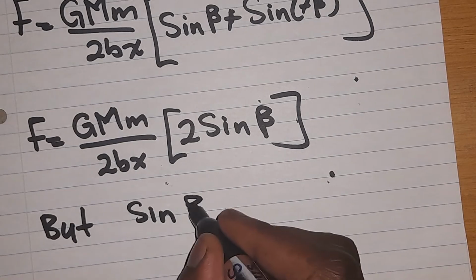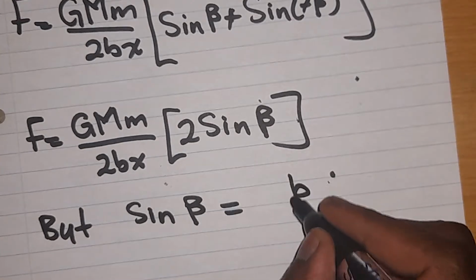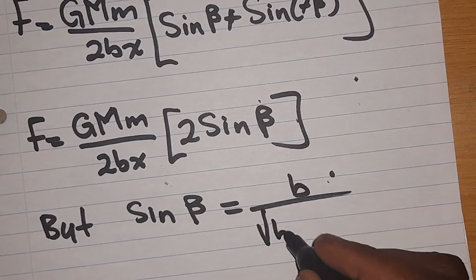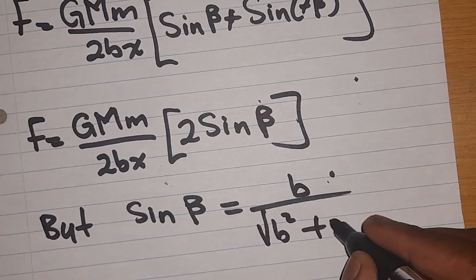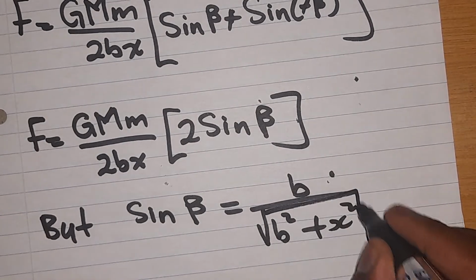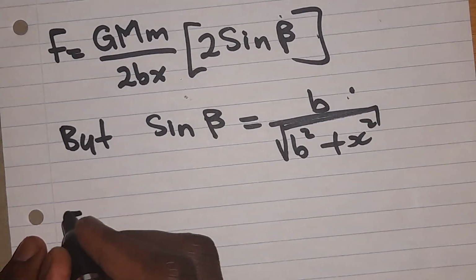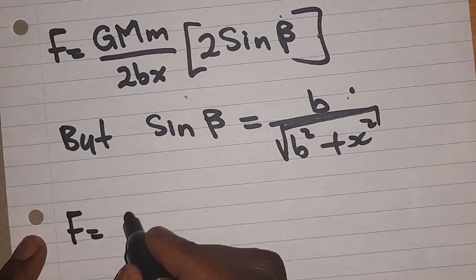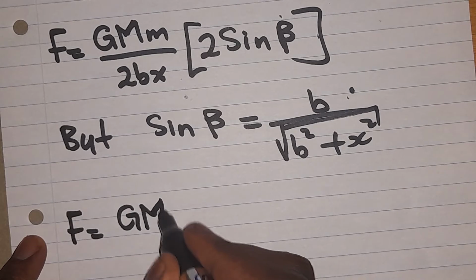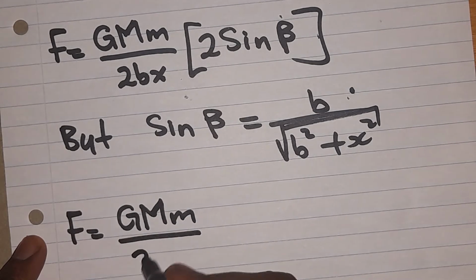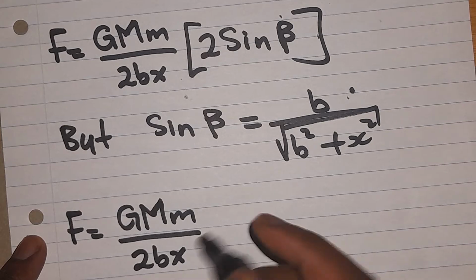Sine beta is equal to b all over root b squared plus x squared, which are all constants. Therefore we'll have our F equal to G capital M small m over 2bx.